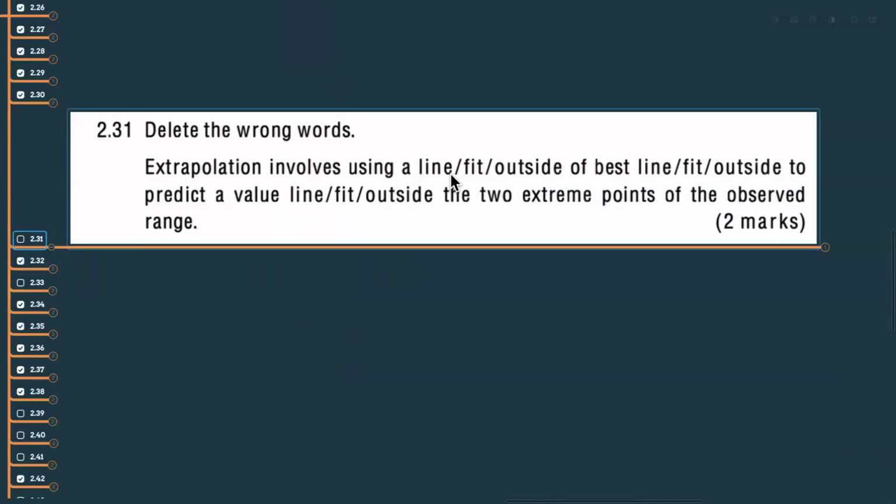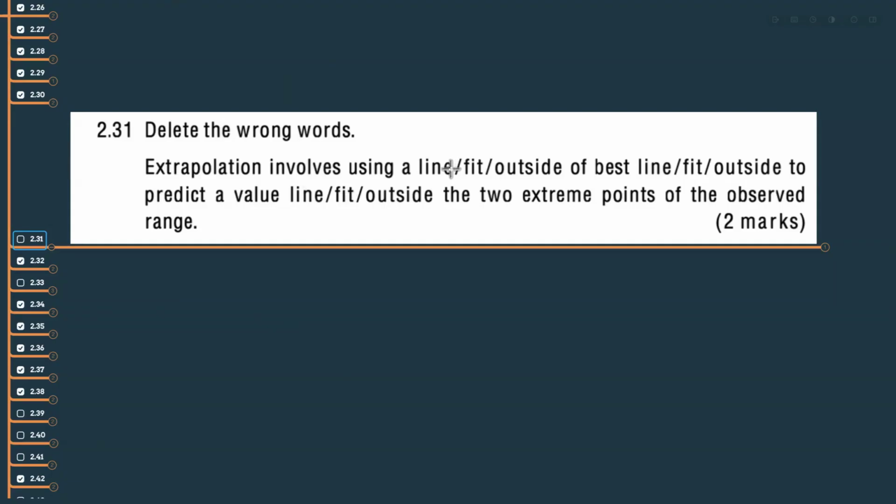Extrapolation involves using a line of best fit outside to predict a value, a line of best fit outside the two extreme points of the observed range. So we have to delete the wrong words. This definition is actually in my theory notes also: extrapolation involves using a line of best fit, right?